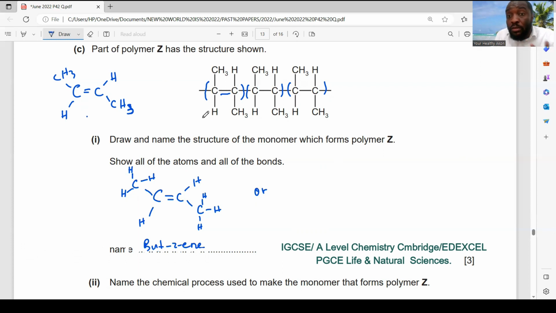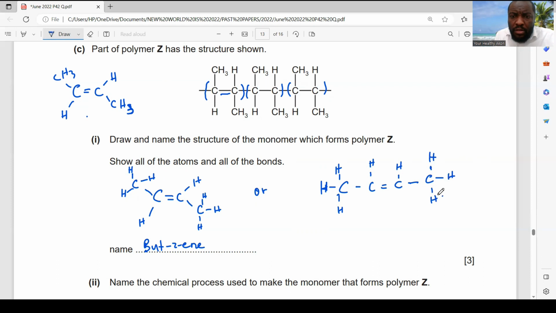But a smart student will just give us this. Is that okay? So that's that. And we have this. So that's butene or 2-butene.